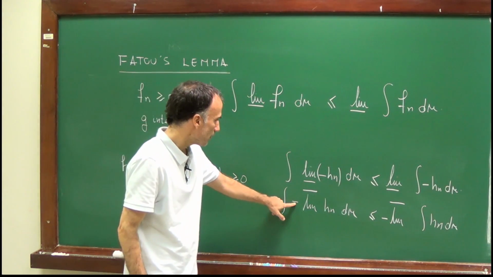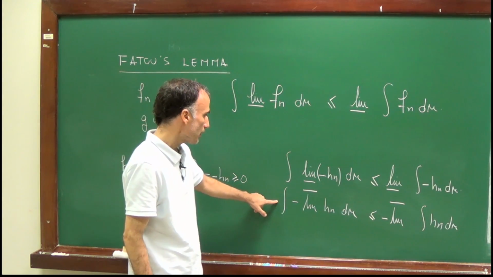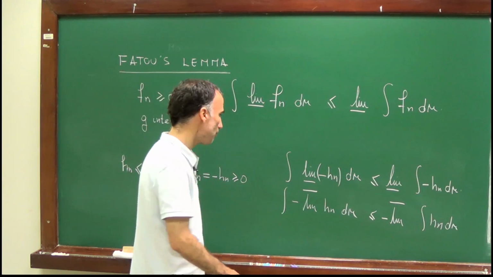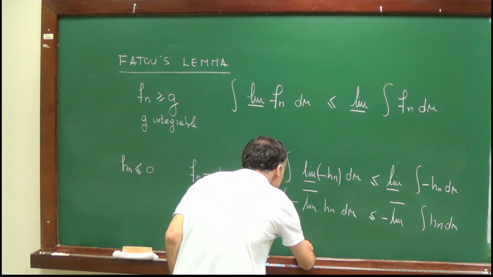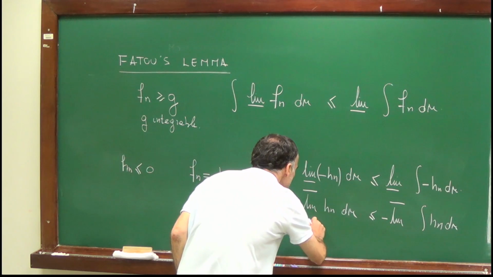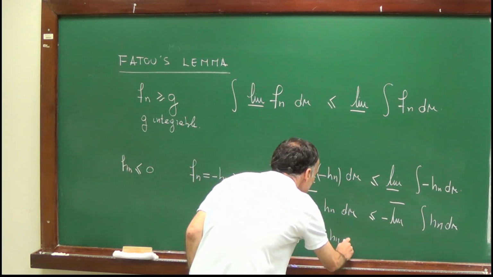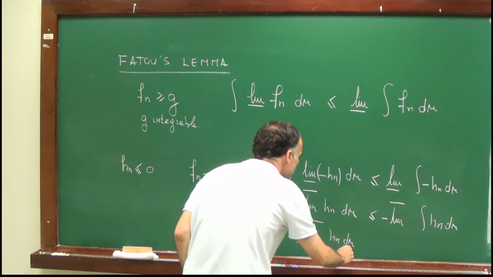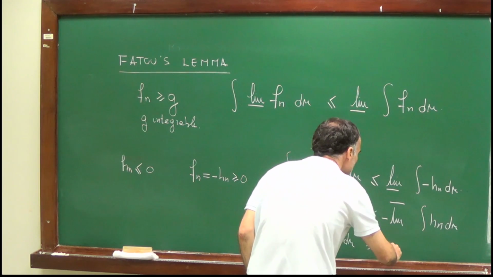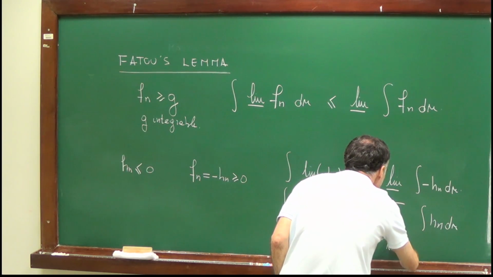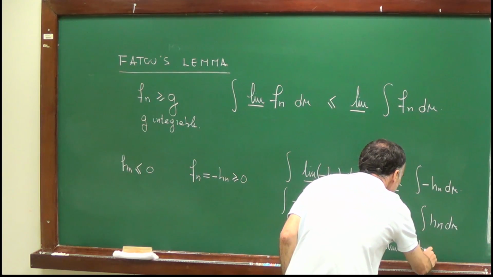And here again, let's remove the minus sign, and let's multiply this inequality by minus 1. So what I get is that the integral of the limit sup of hn d mu is greater or equal than the limit sup of the integral of hn d mu.